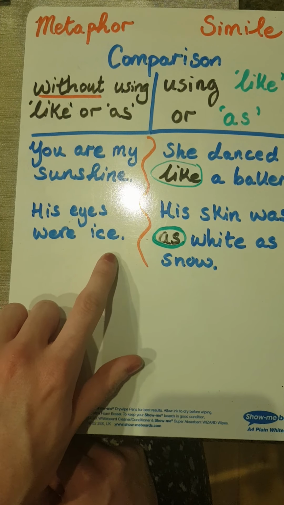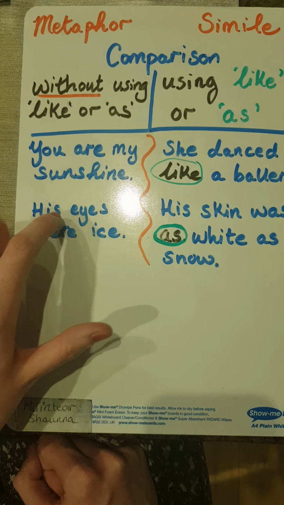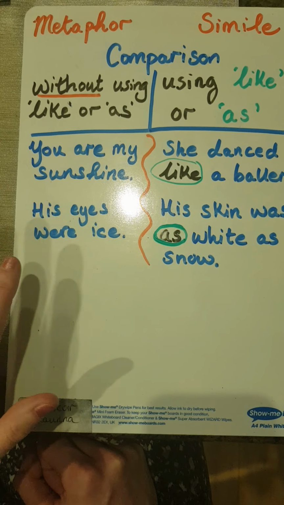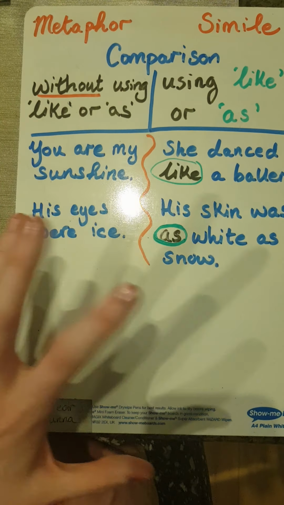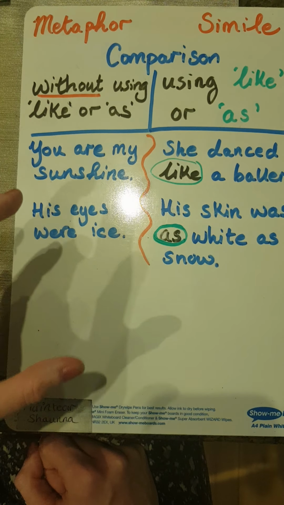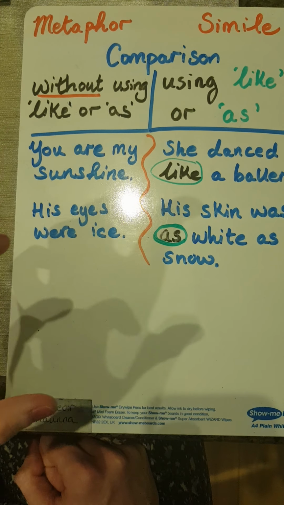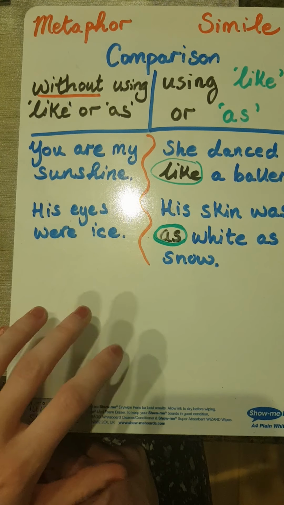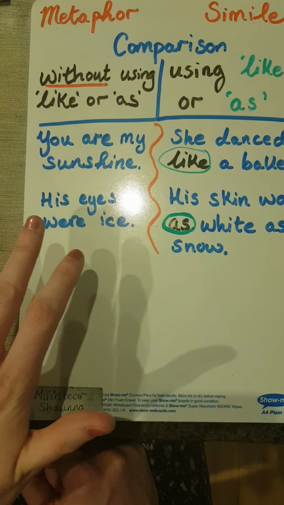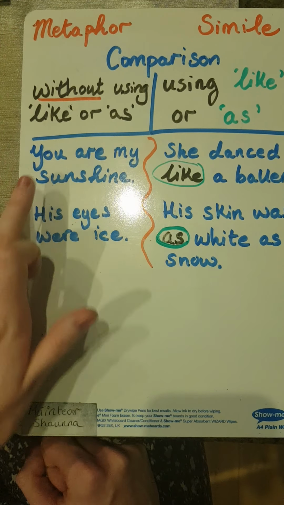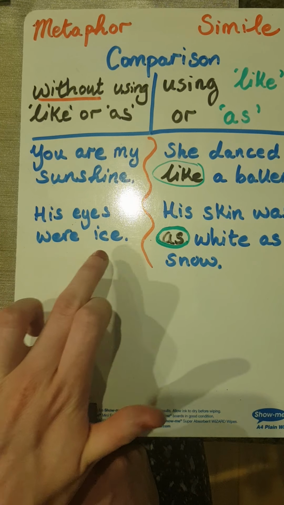His eyes were ice. That might tell me that the man or the boy had an icy look in his eyes. He had cold looking eyes. Maybe he looked at me lifelessly, or he had a mean, sharp look about him. And the reason I know that is because this sentence has compared his eyes to ice.